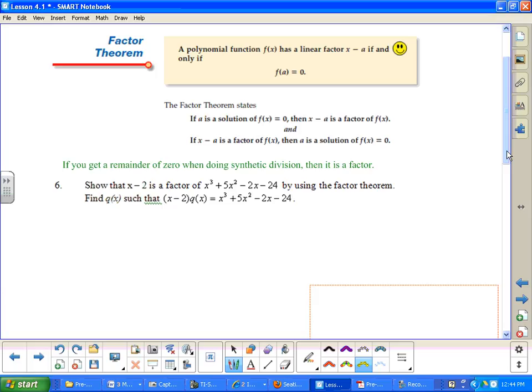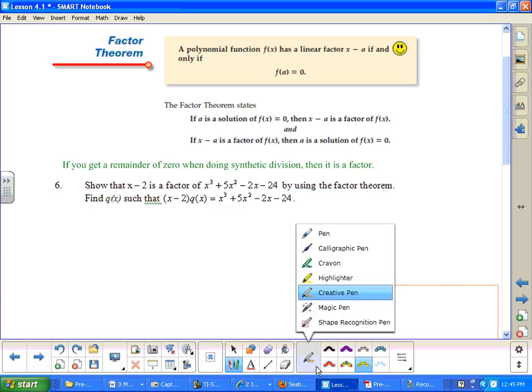Okay. So here for number 6, they ask us to show that x minus 2 is a factor of that cubic function by using the factor theorem. Find q of x such that x minus 2 times q of x is equal to that. Well, basically, all they're asking you to do is find out what you get when you divide. That's all they're asking.